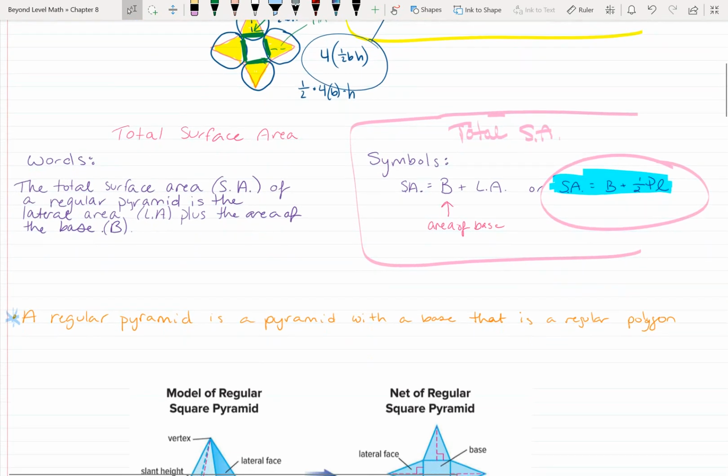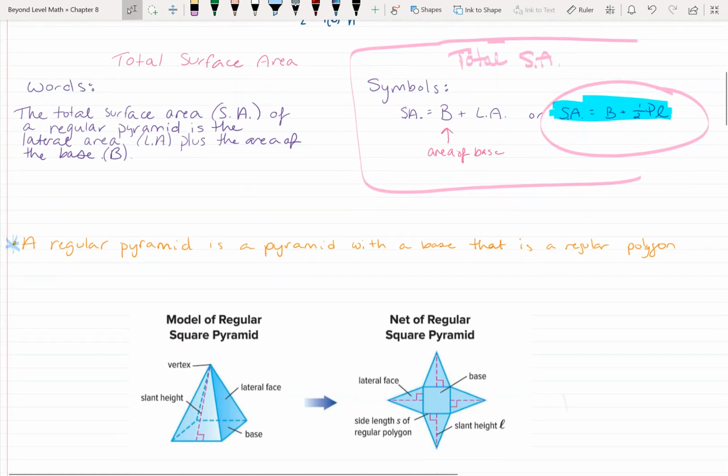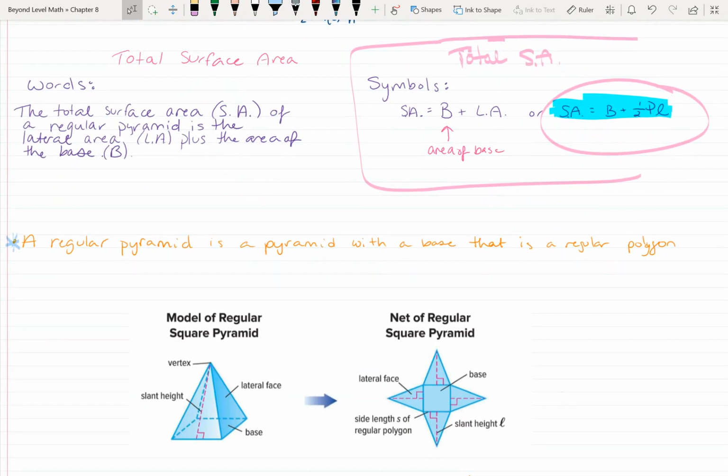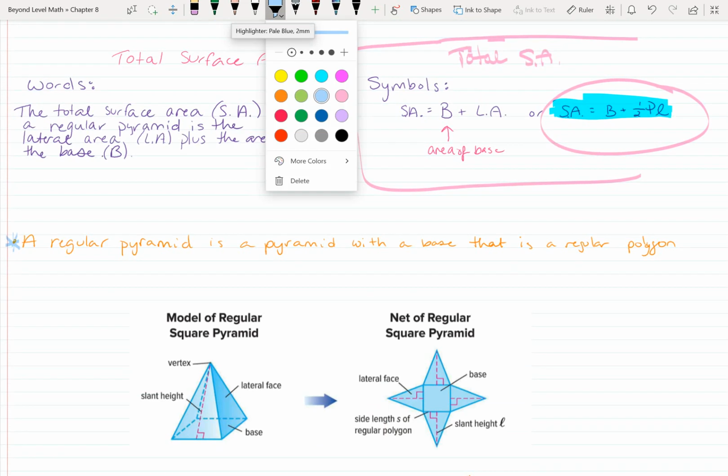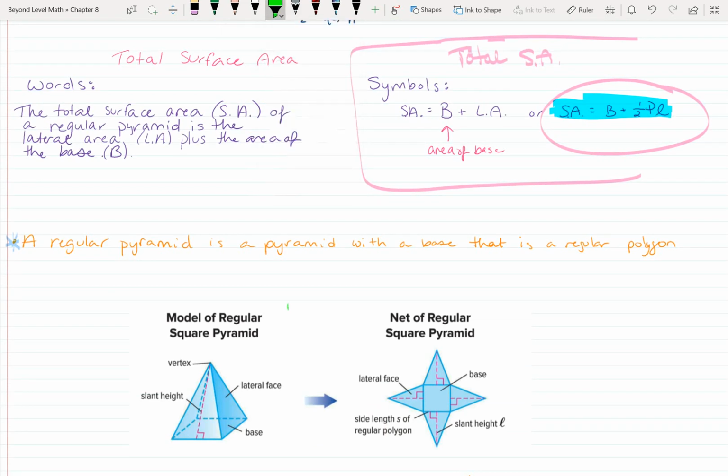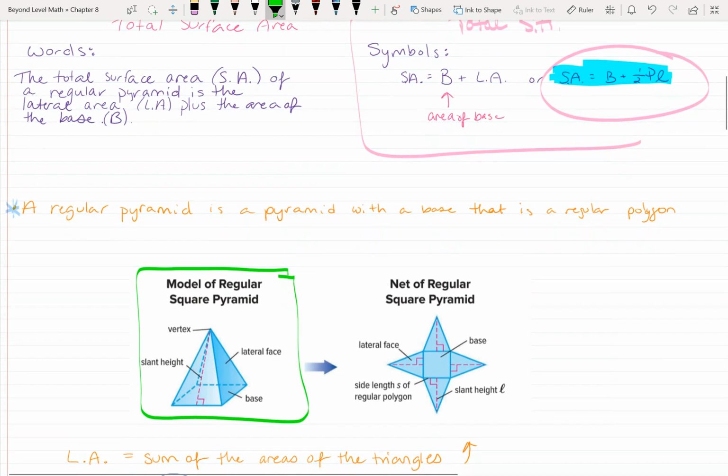We are not going to worry so much about the net, but this part, if you can draw it, you're welcome to. I couldn't, so that's why I stole it from the book. But these are the kinds of things we're looking for. The base, sometimes they'll give us the area of the base, which is awesome because it means we don't have to plug into that 1/2 base times height or the length times width.